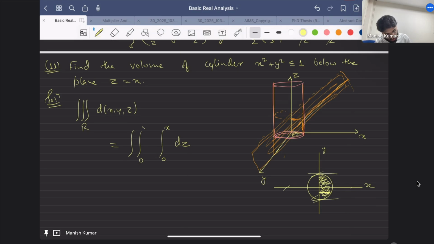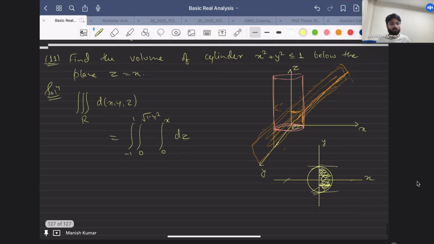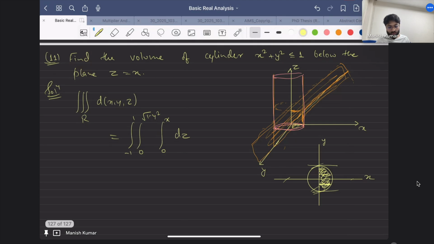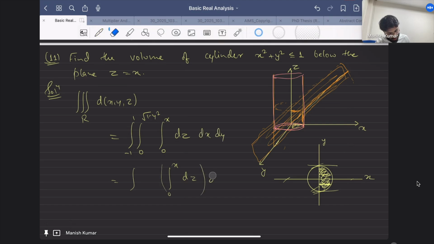This is one way, or if you want, you can write it in polar coordinates as well, right? I mean this part. So z we will leave as it is, dz. This was dx dy, and here you can write r dr d theta, where r is varying from 0 to 1 and theta is varying from -pi to pi.